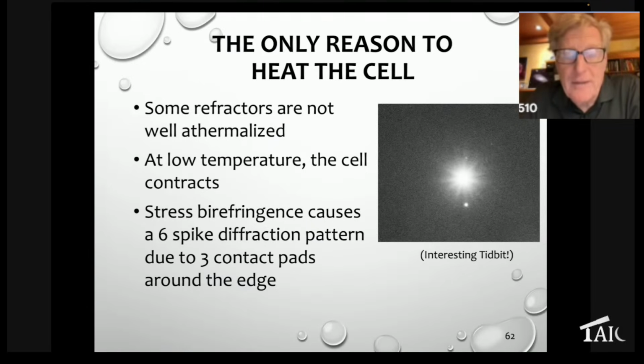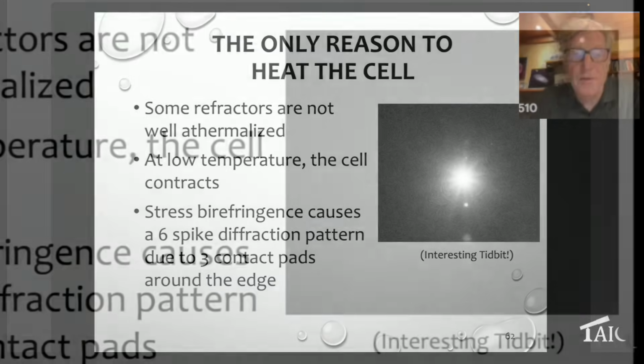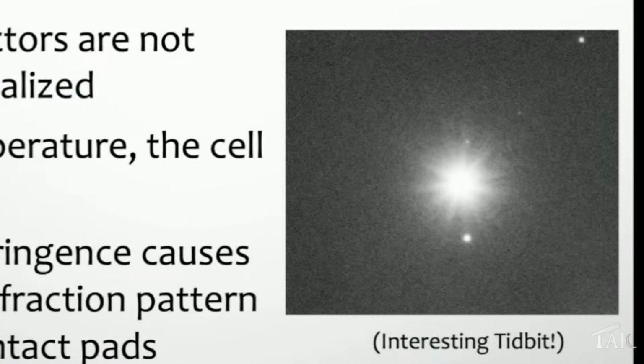And what was happening is it was contracting faster than the glass, and it was creating stress birefringence in the glass because there were 3 contact pads in there. And so it was putting a 3-point stress pattern into the glass. And that's what causes this problem. This is not, strictly speaking, a dew problem. It's a thermal problem. The manufacturer ended up fixing it for this person.